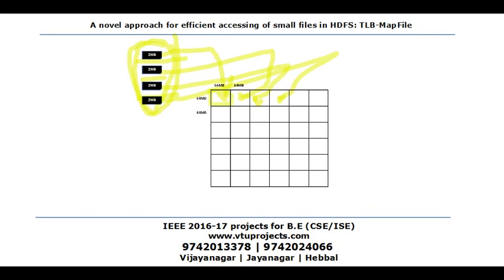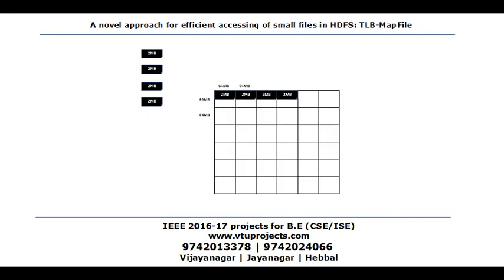You can fit 2 MB easily inside 64 MB. So this is how Hadoop is going to store. What is the result of this approach? In the first block we have wasted 62 MB, in the second block 62 MB, and in the third and fourth blocks again 62 MB each.